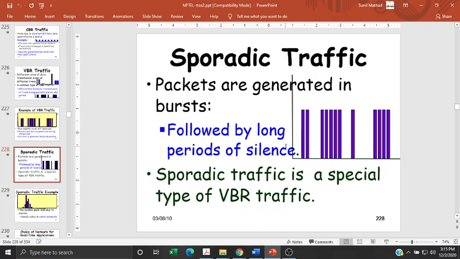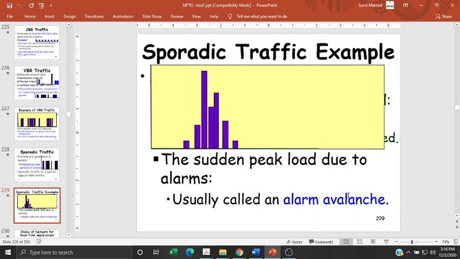With the amount of activity and amount of silence you can build a ratio, and normally that can be used to quantify something as sporadic. If you want to make an attempt at a definition, sporadic traffic is a special kind of VBR traffic, variable bitrate traffic. Sudden peak outburst, and then large amounts of silence.